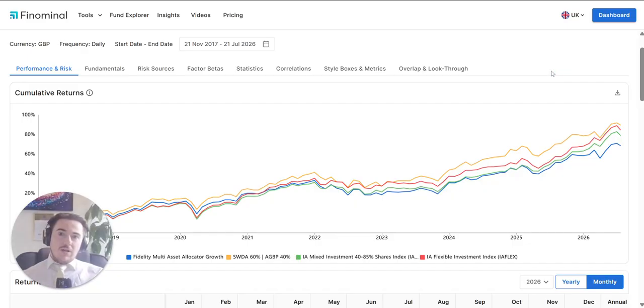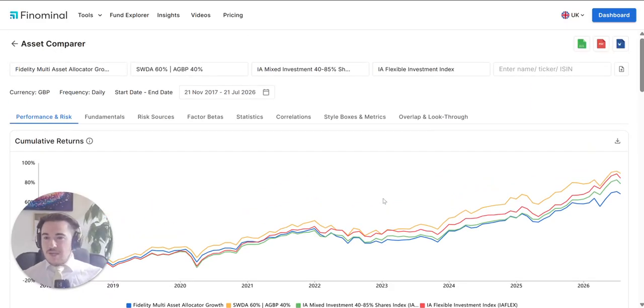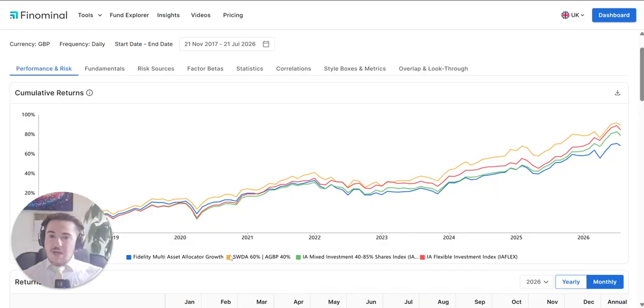So not the best fund I've analysed, that is to note, certainly inexpensive, but I think this can certainly be better replicated, you could say, with a SWDA 60%, AGBP 40%. That's something that's worth noting anyway.